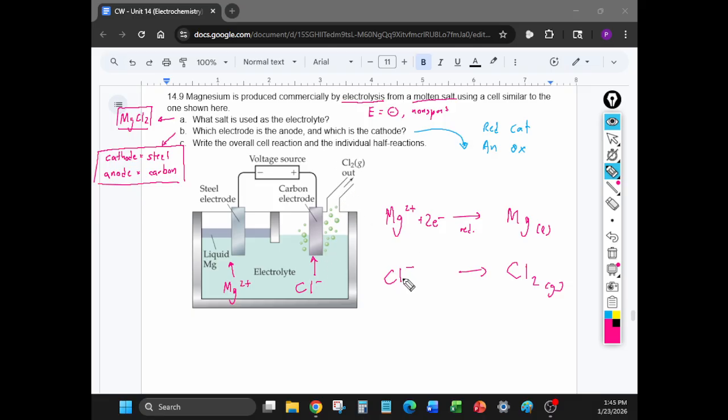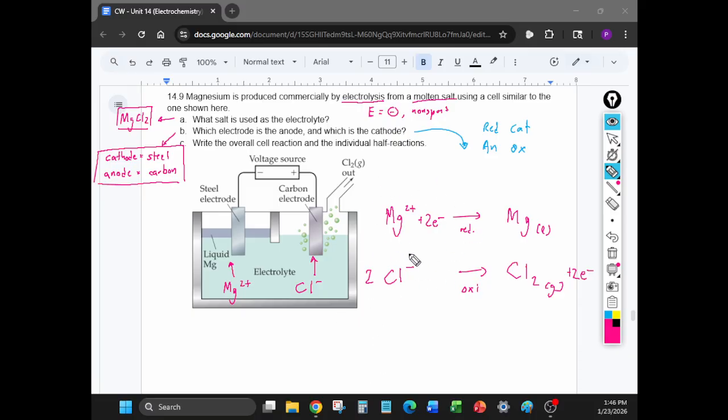Well, in order for Cl- to become chlorine gas, which is neutral, a charge of 0, it needs to lose electrons. And in order to balance this, we just put 2 chlorines, make Cl2, and there are 2 electrons. So it is losing electrons, which means it is being oxidized, and anox, oxidation happens at the anode, so the anode is going to be the carbon.